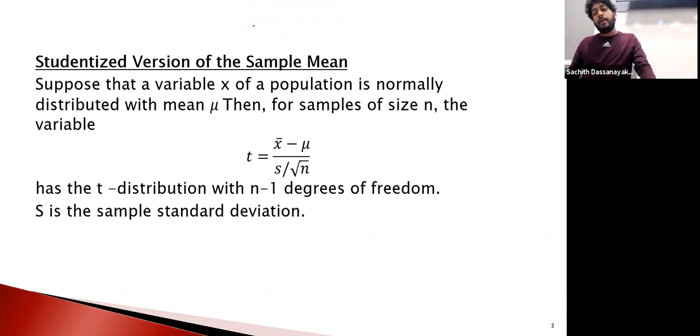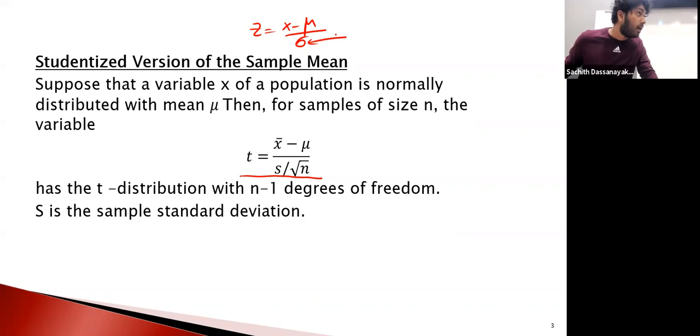Same as standardization, Z, do you remember? X minus mu divided by sigma, right? This is how we did the standardization. Very similar here, but we don't call this standardization. You can do it using x bar minus mu divided by, here you don't know sigma, so you have to replace sigma using S. What is S? S is the estimate for sigma.